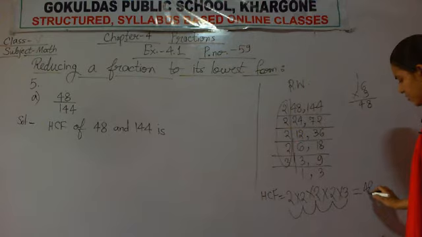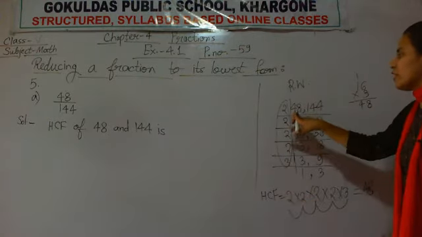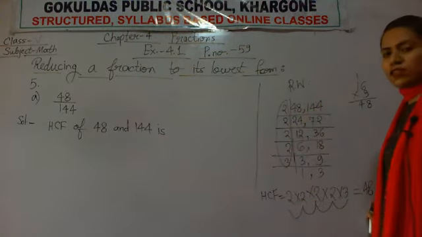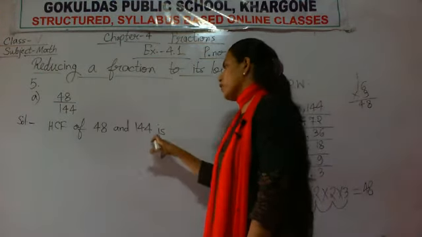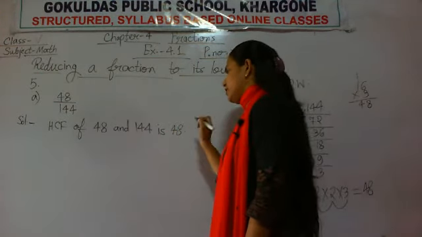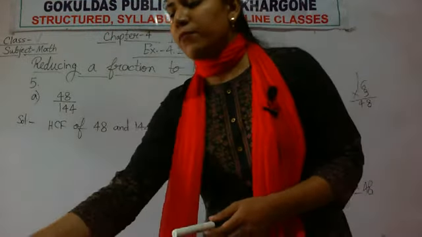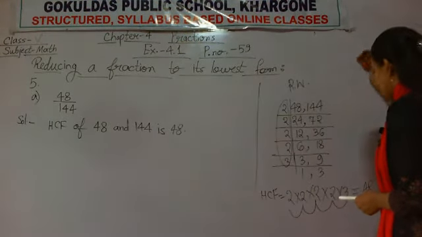So our result is 48. So HCF of 48 and 144 is 48. We have done our first step, we have found the HCF.